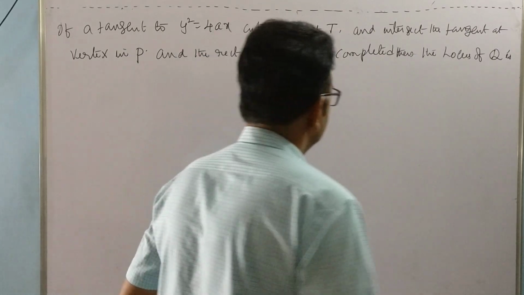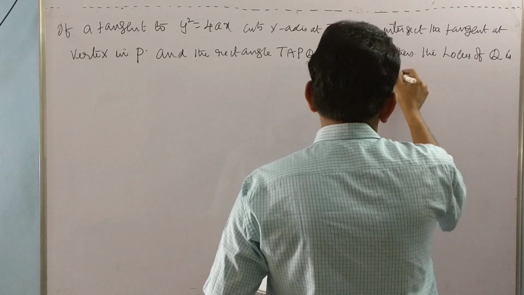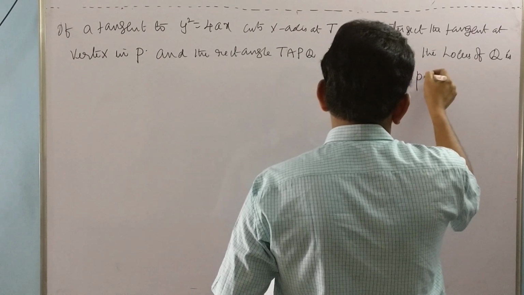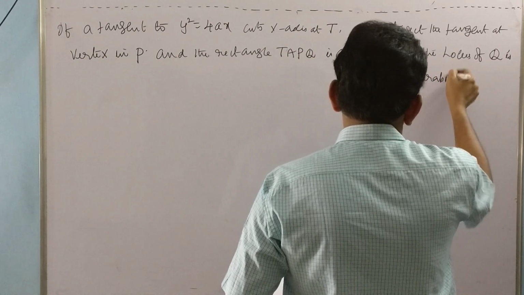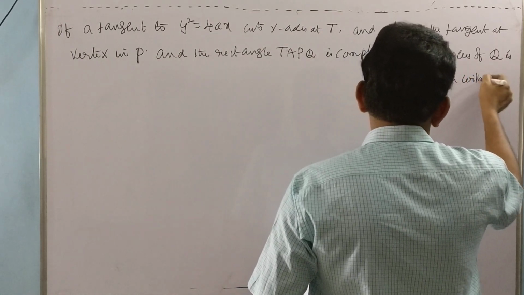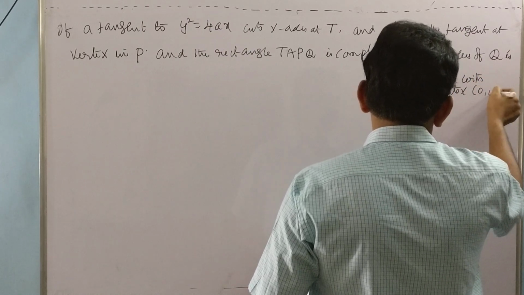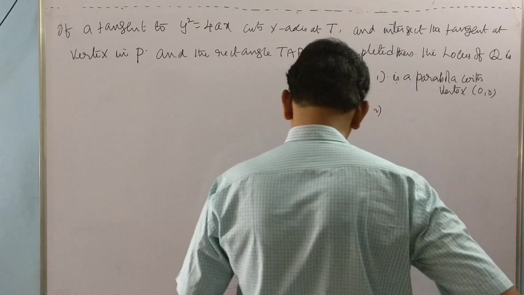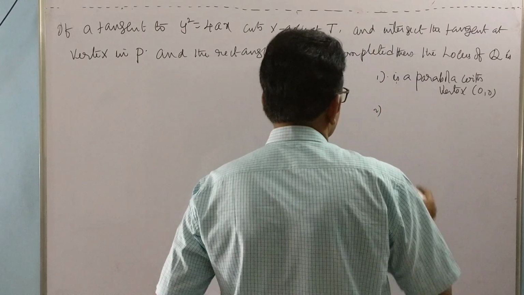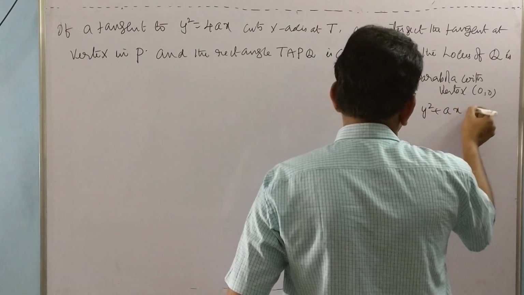Here are the options given. First one is a parabola with vertex 0, 0. Second one, locus is y square plus ax equal to 0.